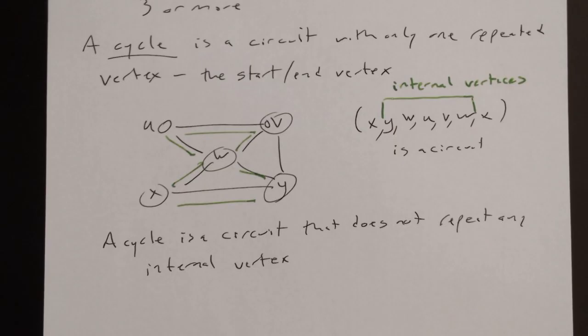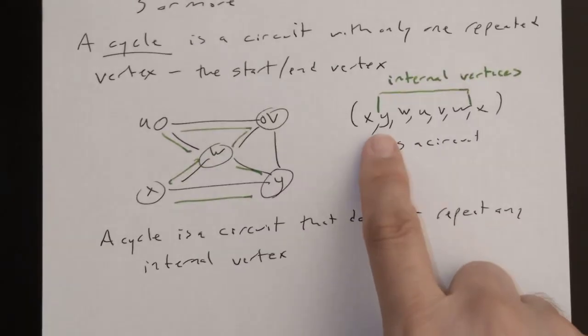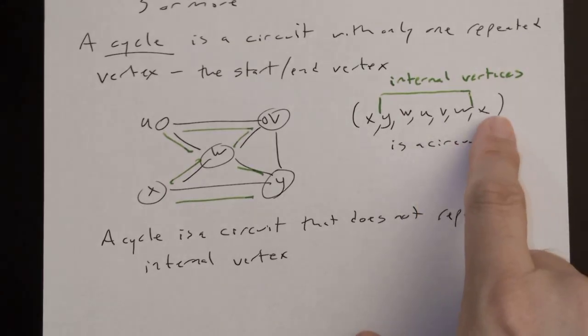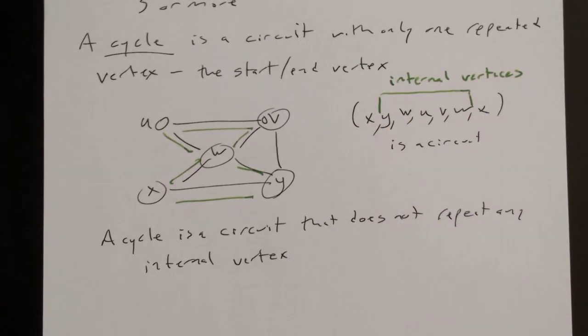So even if it's the same vertex at the beginning and end, it cannot repeat in the middle. There can't be a repetition of a vertex in the internal section, even if that thing happens to be one of those.